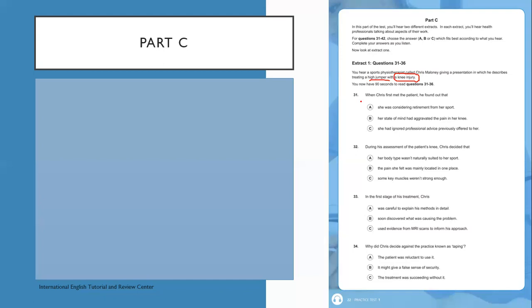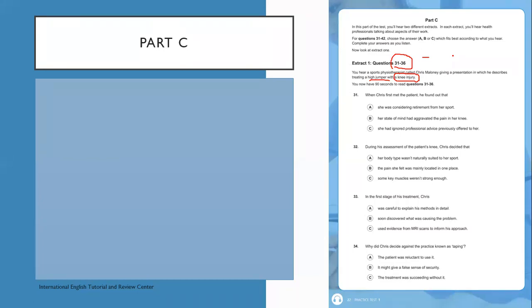So you're going to read questions 31 to 36. That's 90 seconds. And then after which, you will be given another 90 seconds to read questions 37 to 42.